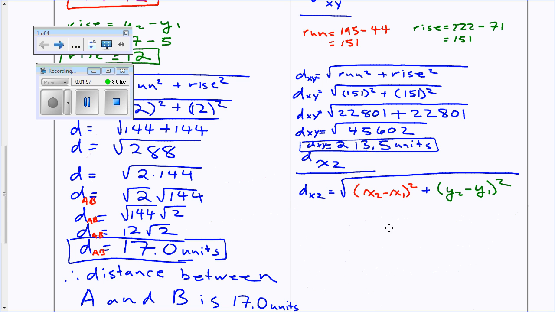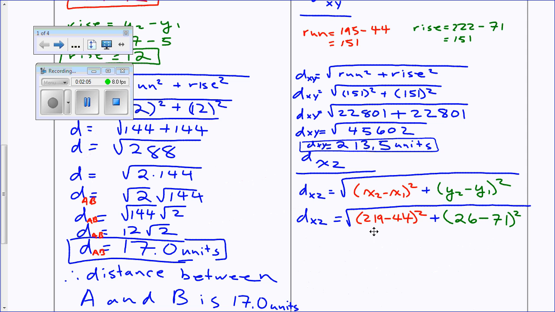D of XZ is equal to the square root of x2 minus x1 squared plus y2 minus y1 squared. And we'll do those calculations. Taking a look at our equations, we end up with something like this, which simplifies to something like this. So you simplify the brackets in red and you simplify the brackets in green. And you end up with these two numbers.